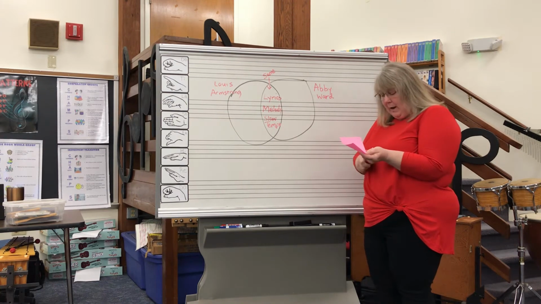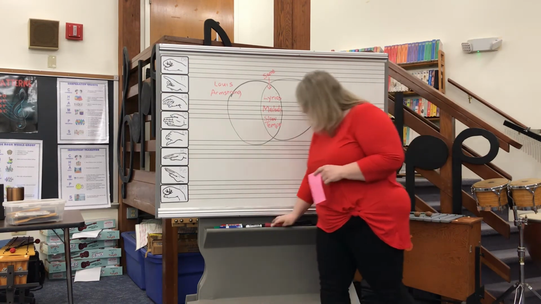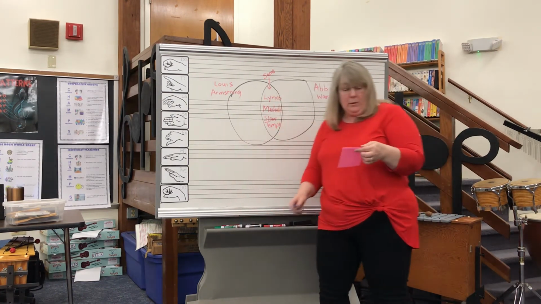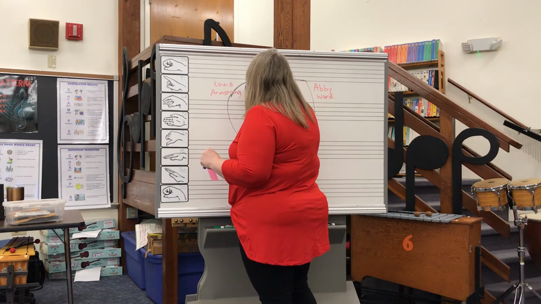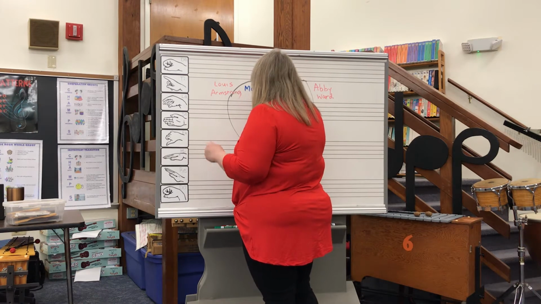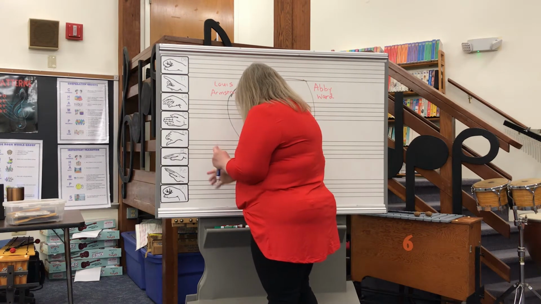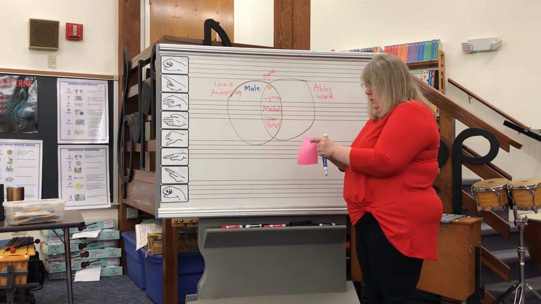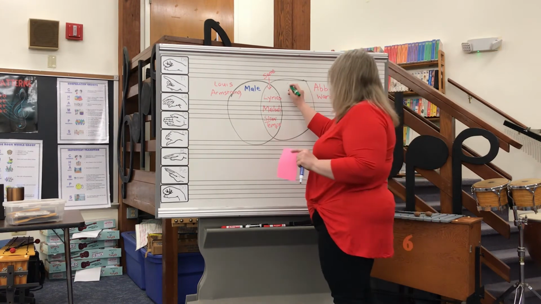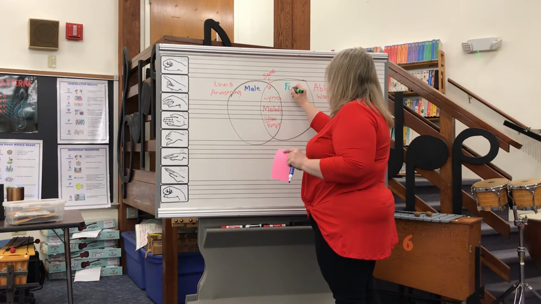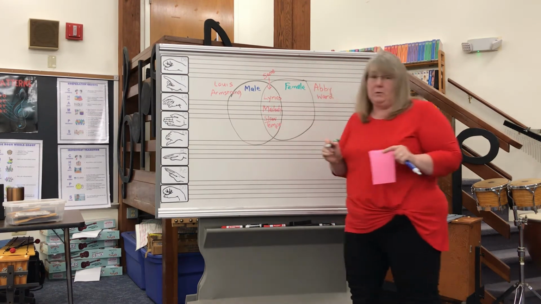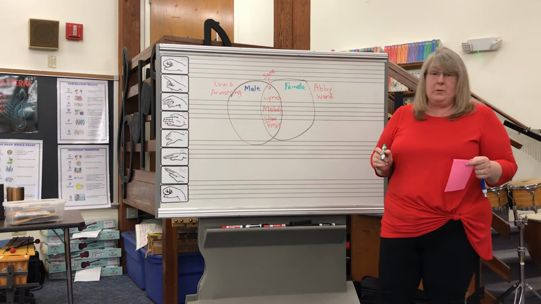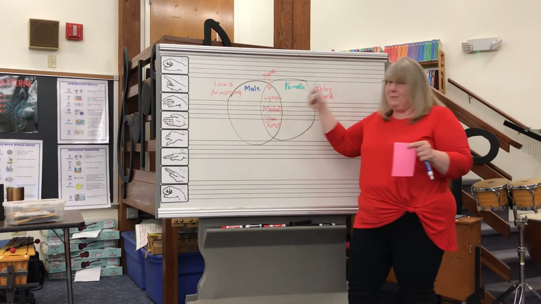So now I'd like to write some of the differences that I saw between the two of them. Let's start with this. Louis Armstrong was male and Abby Ward was female. I color code everything, guys, so I'm going to use different markers. There's one of the first differences. One was male, one was female.